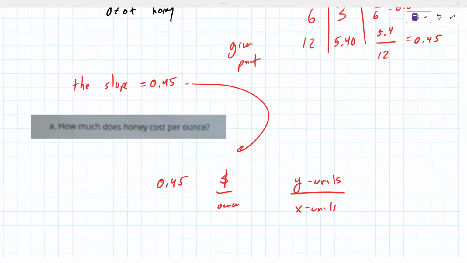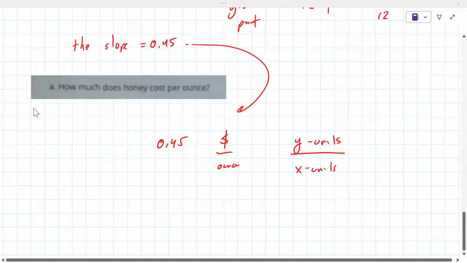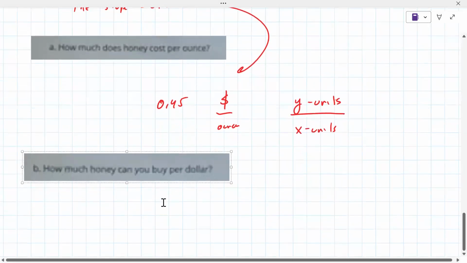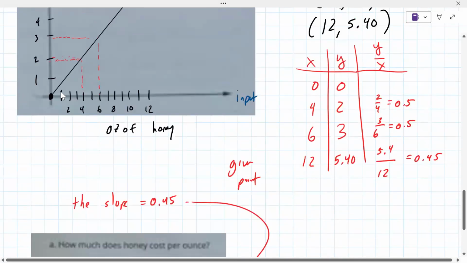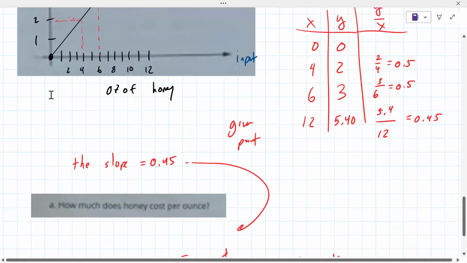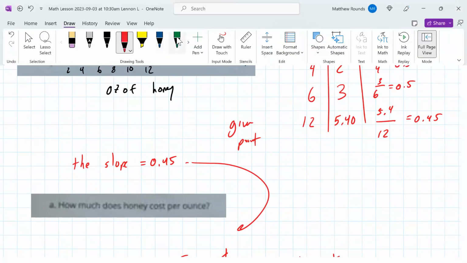And last little thought here, part B is very similar. It says how much honey can you buy per dollar? Well, it's the same answer, kind of. It's using this answer to determine that. So if you have $1, we go back to the graph here to figure out how much we can buy.